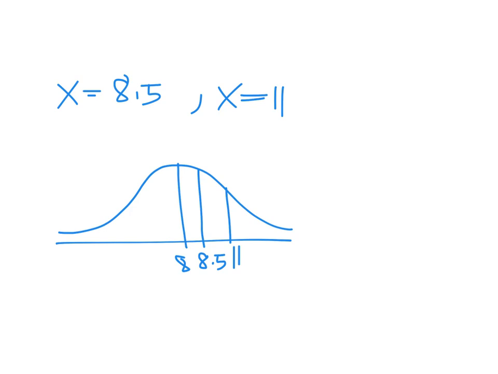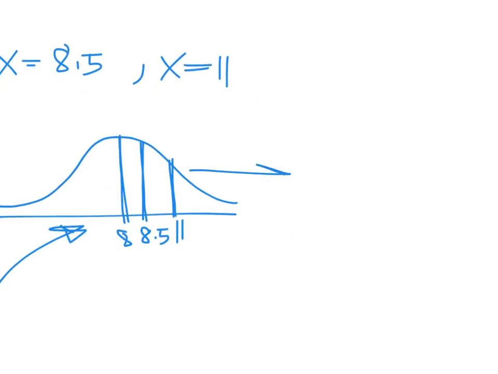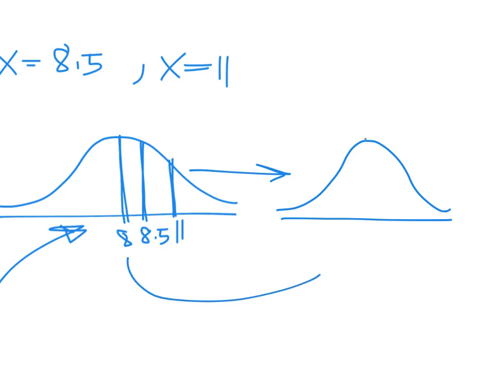In the normal distribution, or the normal curve, 8 is the mean, and these are the numbers that we have to consider. So we have to convert this curve into a standard normal curve in which the 8 becomes 0.